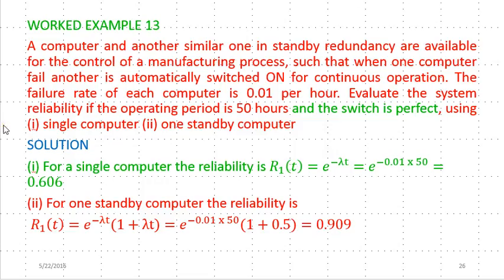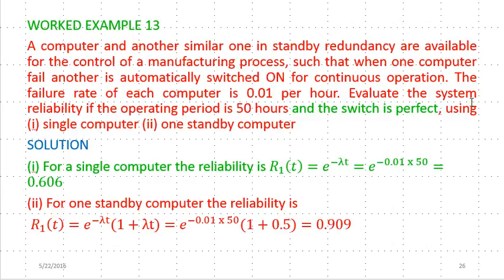To understand this, let us look at worked example number 13, where we are told that we have a computer and another similar one in standby redundancy available for the control of a manufacturing process. They are used in such a way that if one computer fails, the other one will automatically switch on for continuous operation, and the failure rate of each computer is 0.01 per hour.